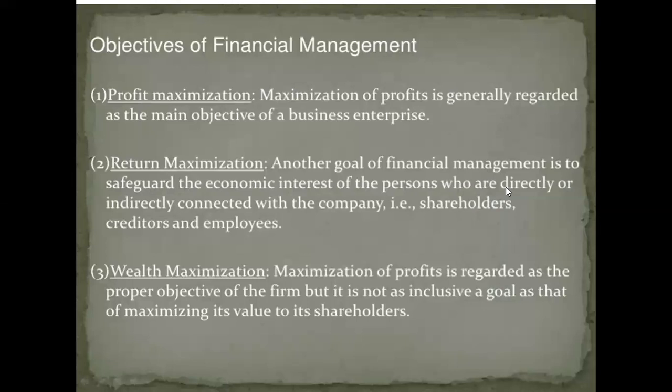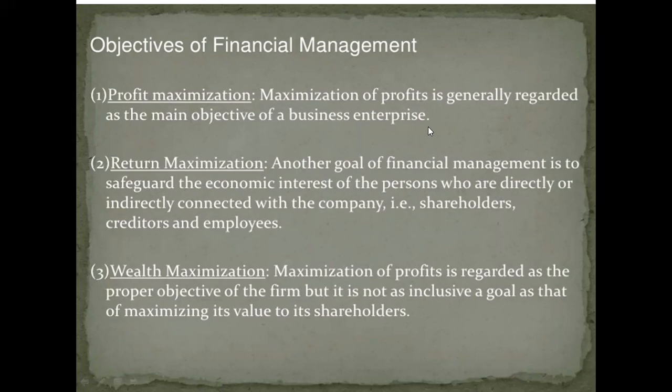The next one is the objectives of financial management. So we'll be starting with the objectives. The first one is profit maximization. Why we use financial management is basically to maximize the profits of the business.